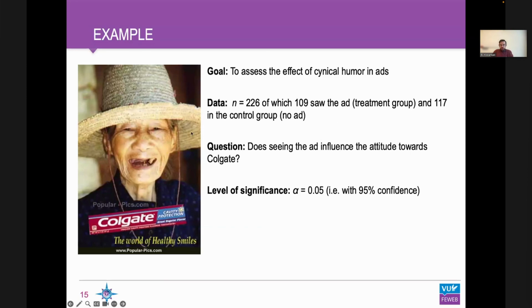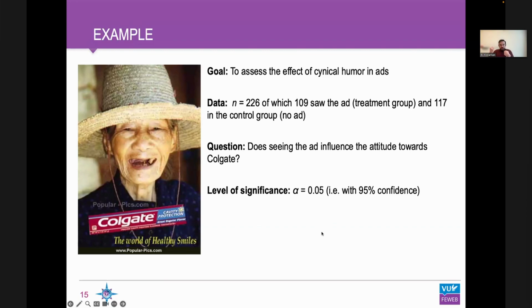We want to understand how the attitude towards Colgate is affected if people see the cynical humor ad or if they didn't see it.